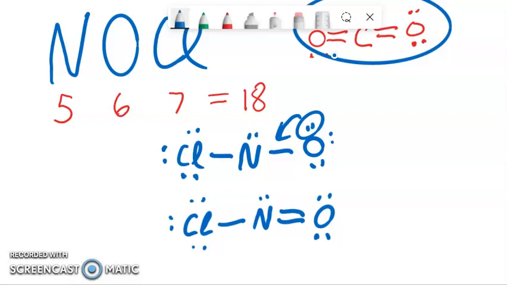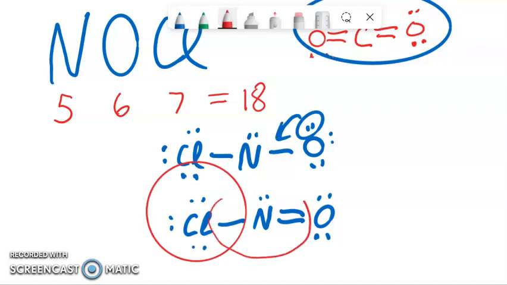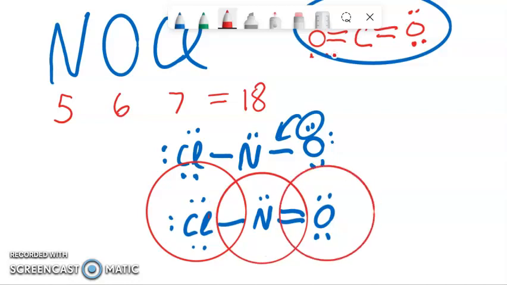So this way we get oxygen's preferred number of bonds and everybody gets an octet. So 8 electrons, 8 electrons, and 8 electrons. And that should add up to 18: 2, 4, 6, 8, 10, 12, 14, 16, 18.